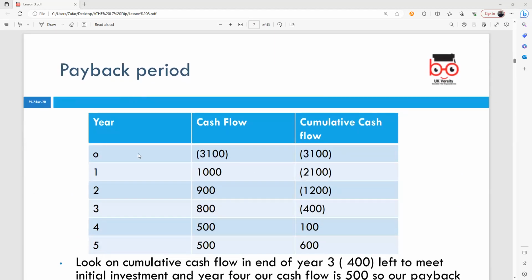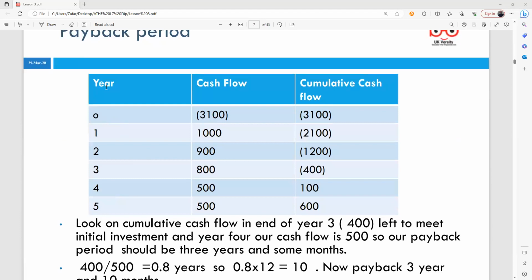Here is an example of the payback period. Say you have years 1, 2, 3, 4, and 5, and you initially invested 3,100 in a project. Over the years, if you get 1,000 in year 1, that is your cash inflow.